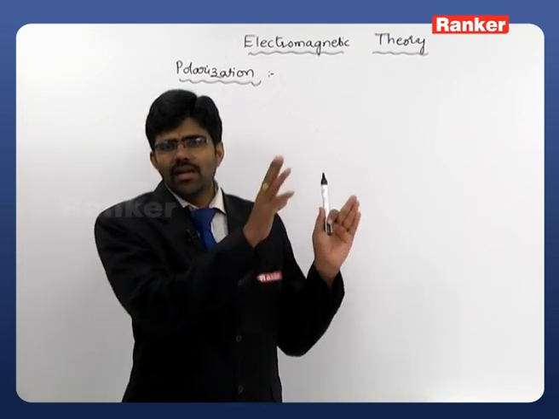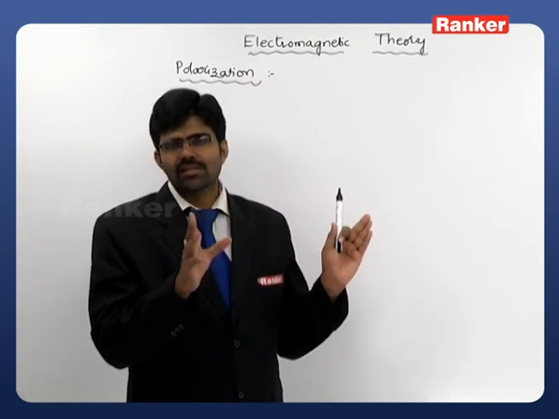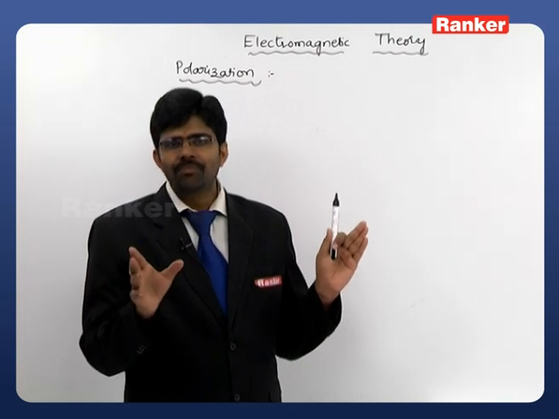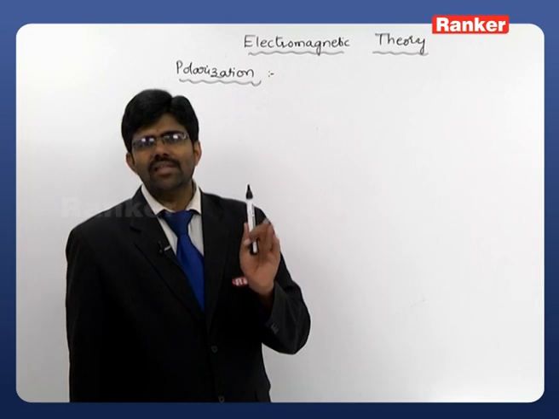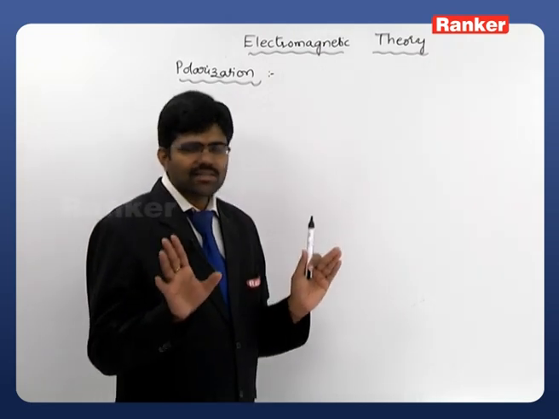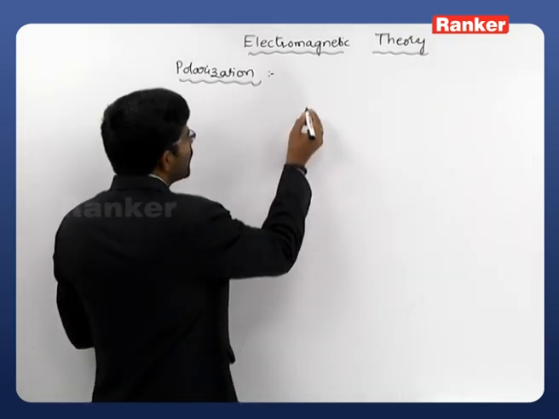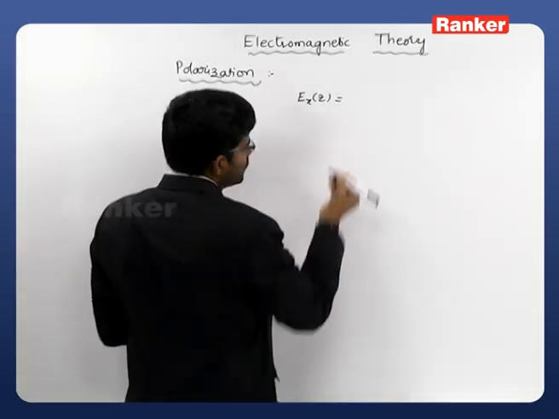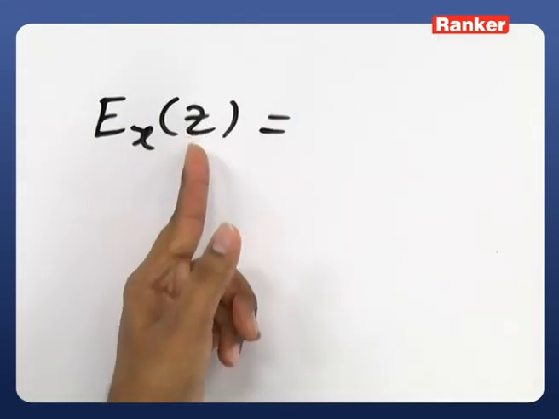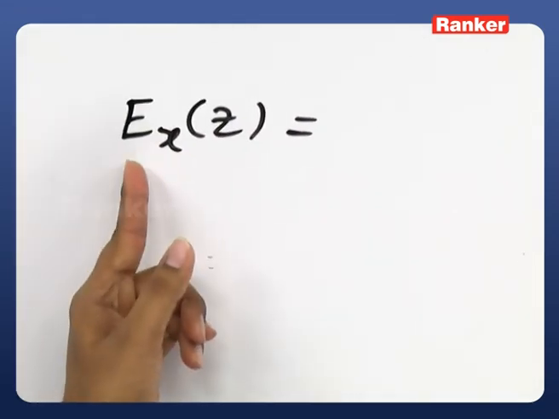Initially, I will take the xy plane, since I have only two components, and try to draw the resultant. First I consider the general equations for the x electric field and y electric field. Let us take Ex of z. The wave is travelling in z direction and we have the x component here.